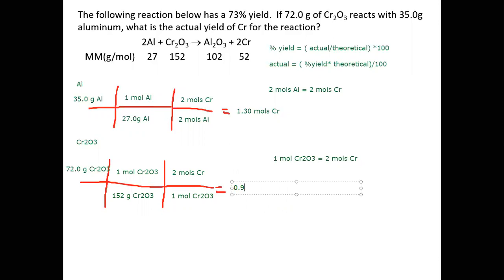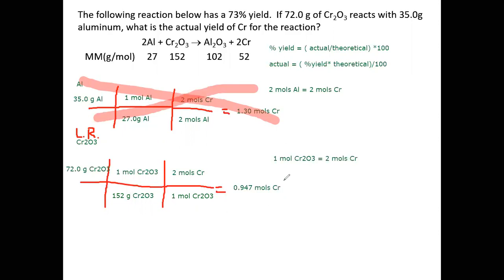And we get 0.947. So here we see that chromium 3 oxide is the limiting reactant because it produces the fewer moles of product. So we can disregard the information from aluminum.